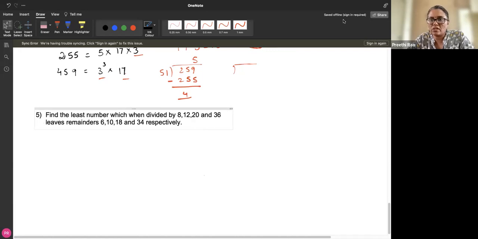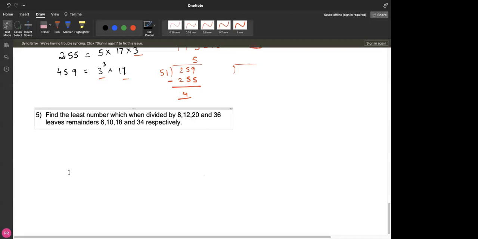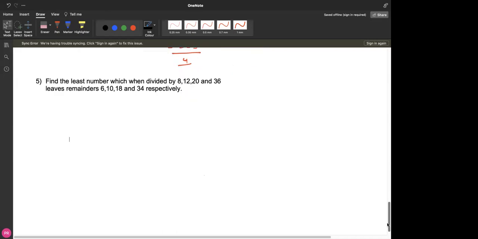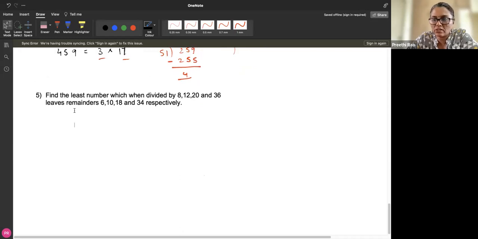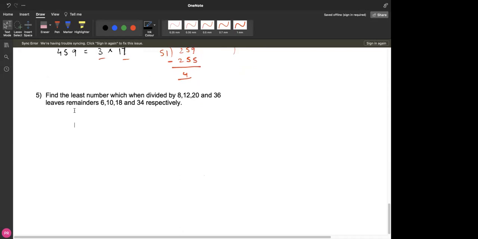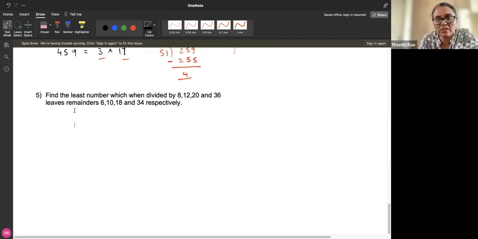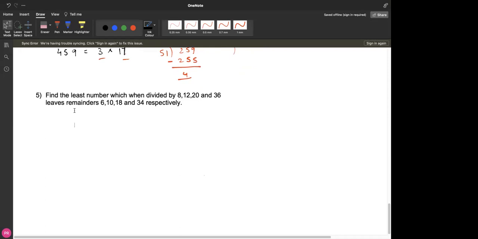So maybe you can check your internet connection. Your voice is going ahead of your screen, and sometimes the screen is going ahead.